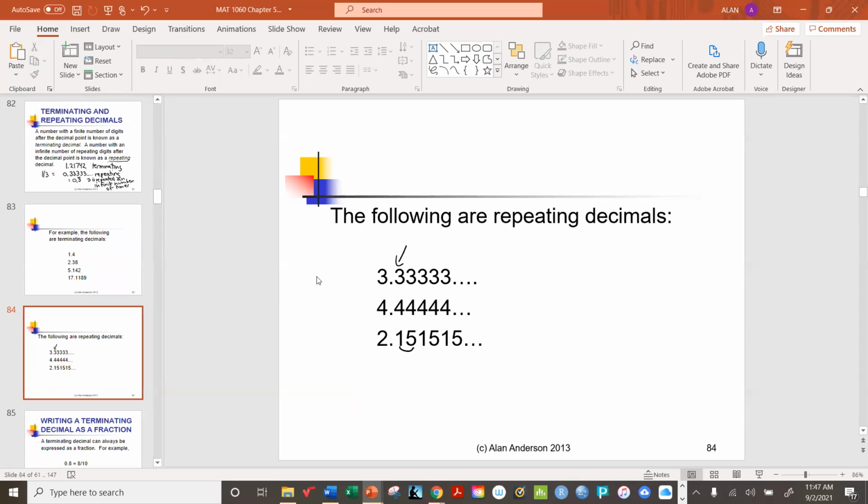You notice here we have 1 5 1 5 1 5. So this first one could be written as 3.3 bar. This one could be written as 4.4 bar. And this one could be written as 2.15 bar, to remind us that it's both the 1 and the 5 that are being repeated an infinite number of times.